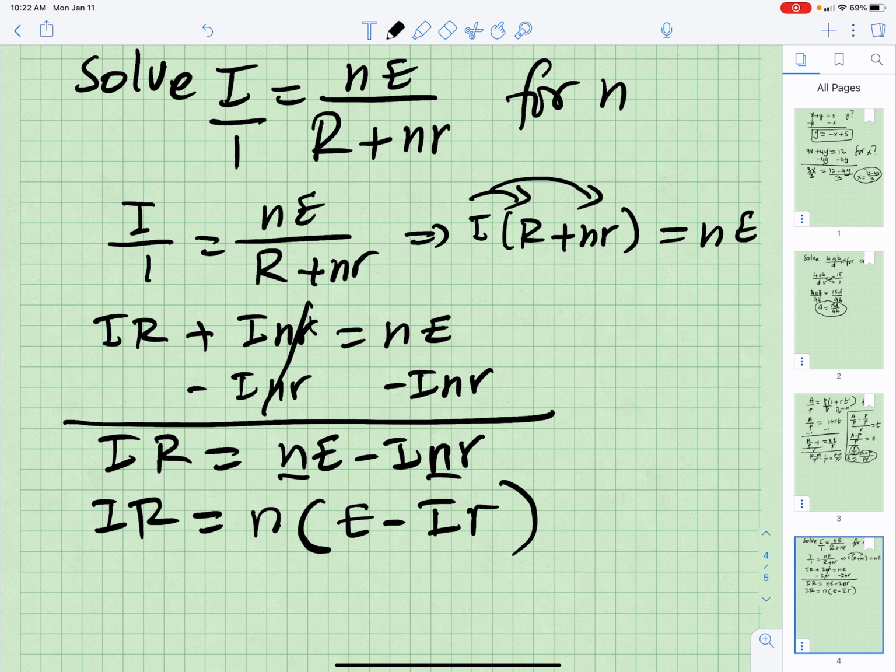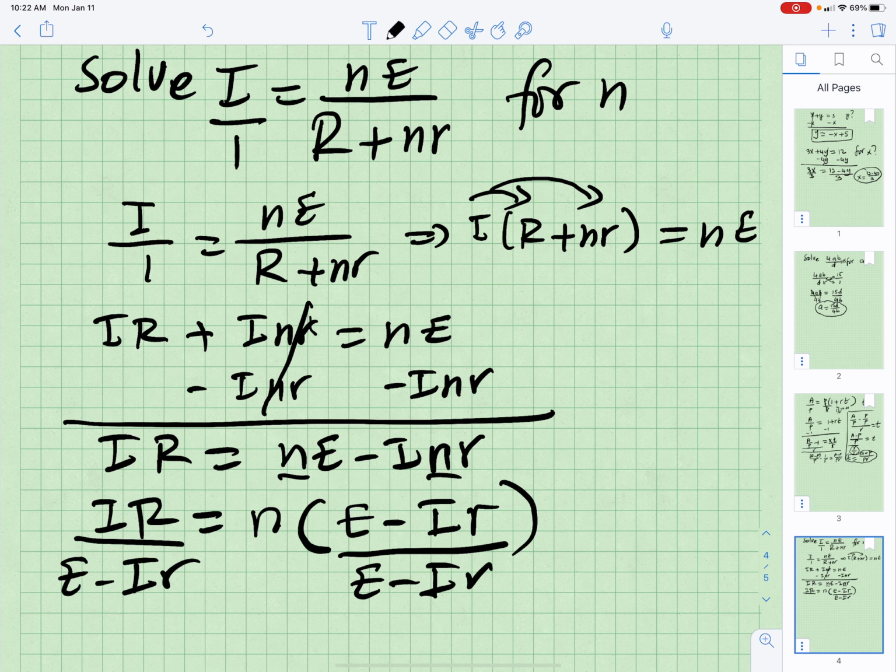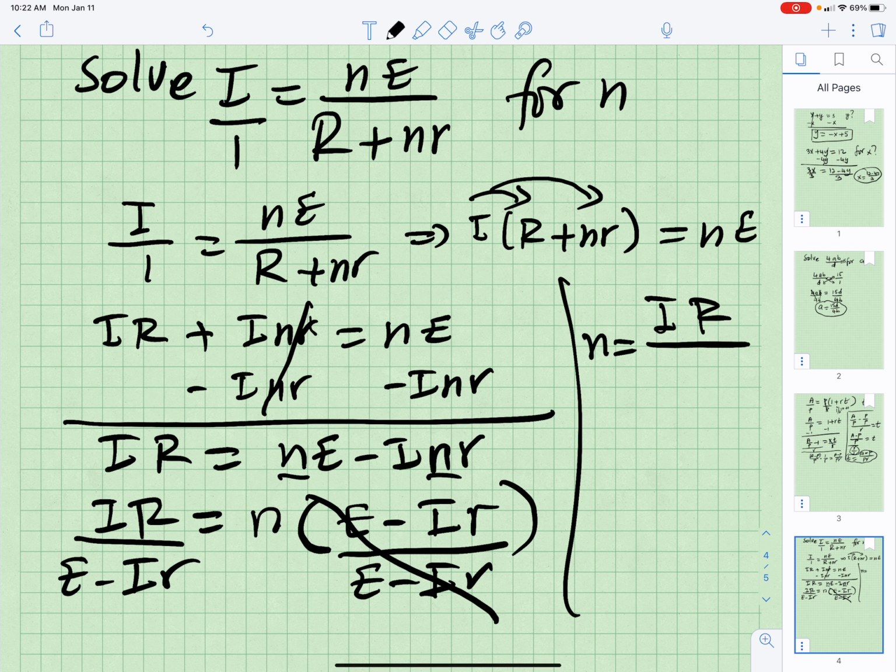So I factor out the N. Since I'm looking for N, all I need to do is divide both sides by E minus IR, right? So E minus IR, E minus IR, to cancel this, and I'll end up getting N equals IR over E minus IR, right? So this is the solution to my equation.